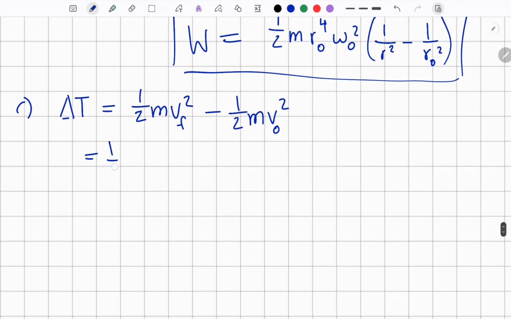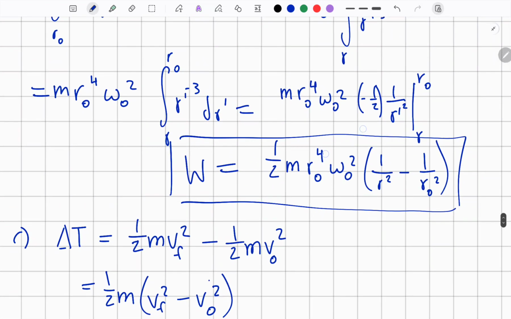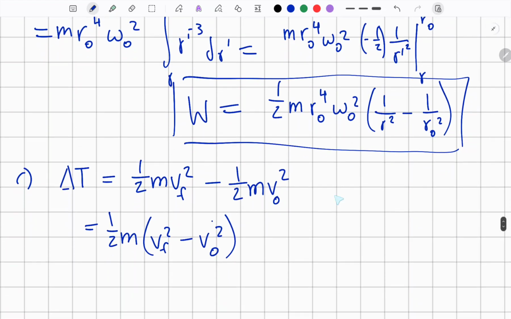So it's going to be 1/2 m times v f squared minus v naught squared. And we know that v is omega r.